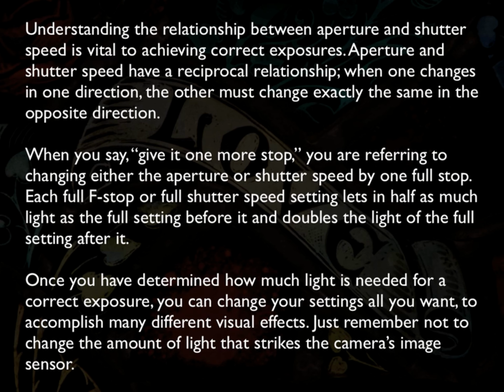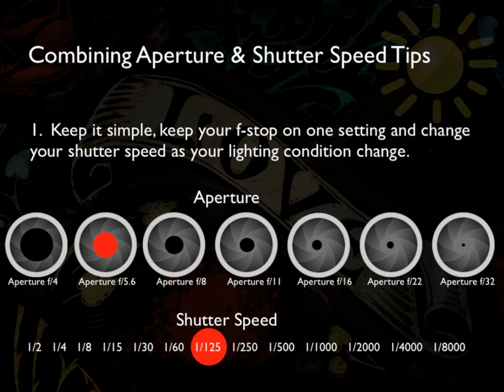Once you've determined how much light is needed for a correct exposure, you can change your settings all you want to accomplish many different visual effects. Just remember not to change the amount of light that strikes the camera's image sensor. Combining aperture and shutter speed tips. Number 1. Keep it simple.